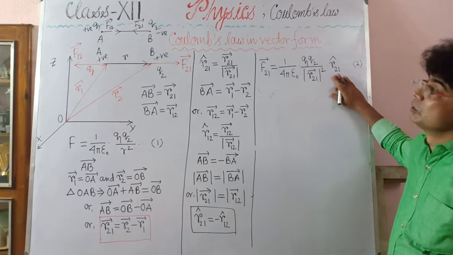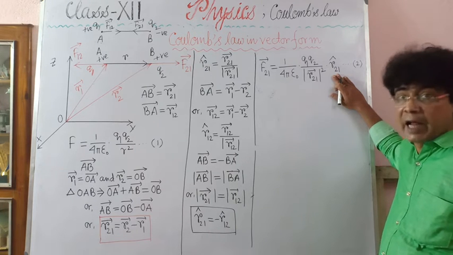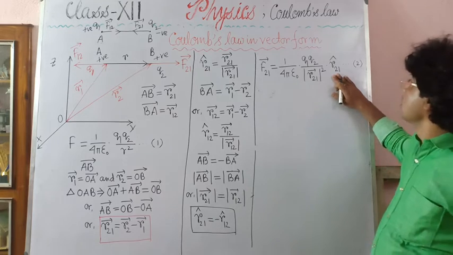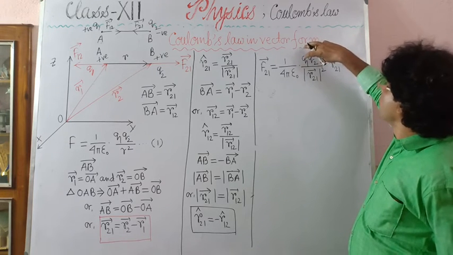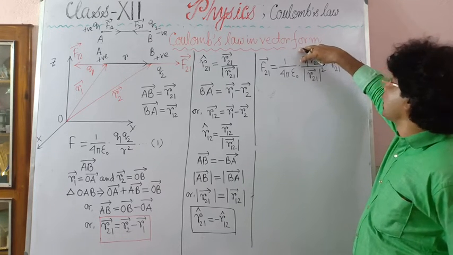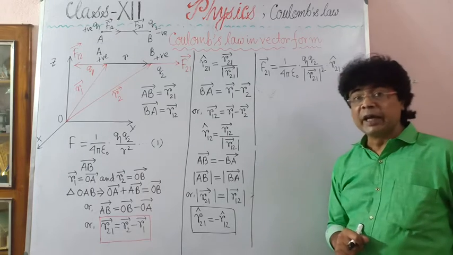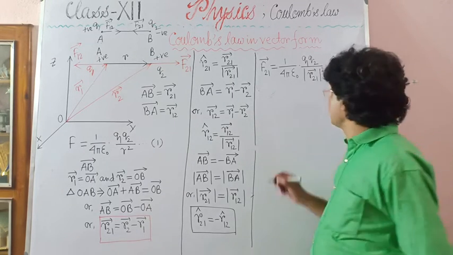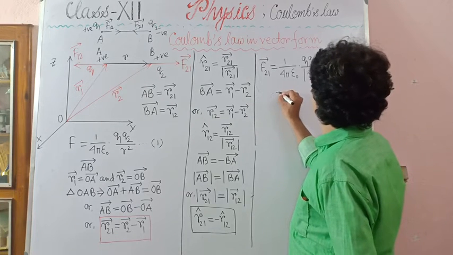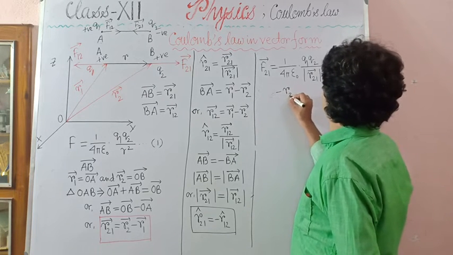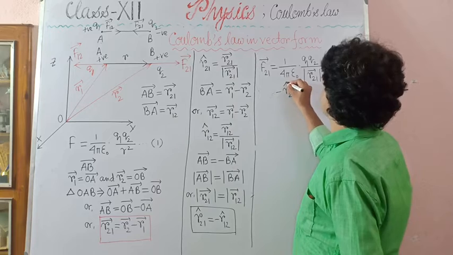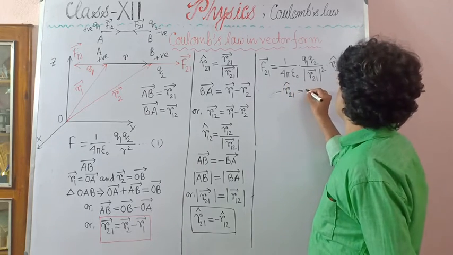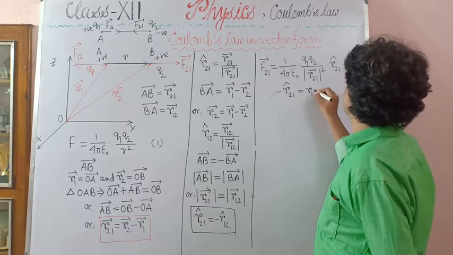When the charges have opposite sign, then the sign of product Q1 Q2 will be negative, and a negative sign before R21 cap equals R12 cap.